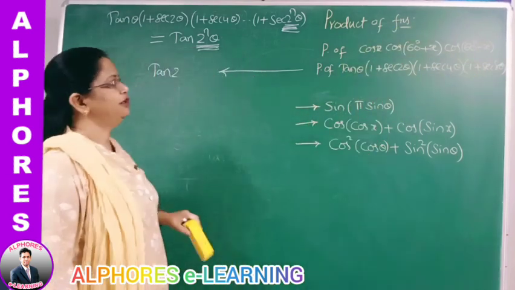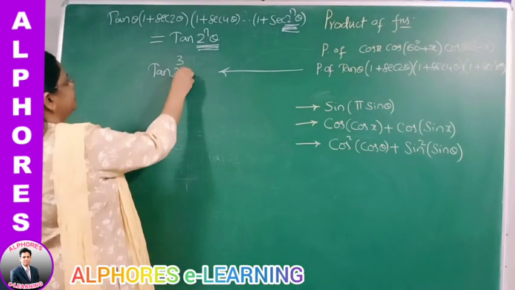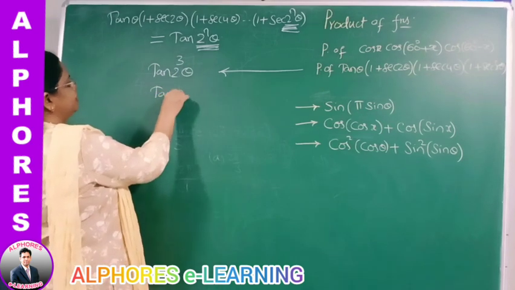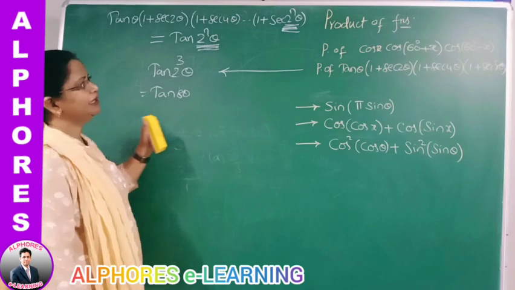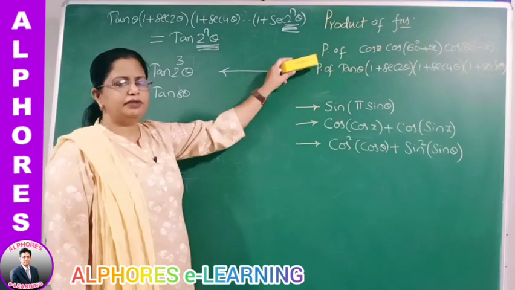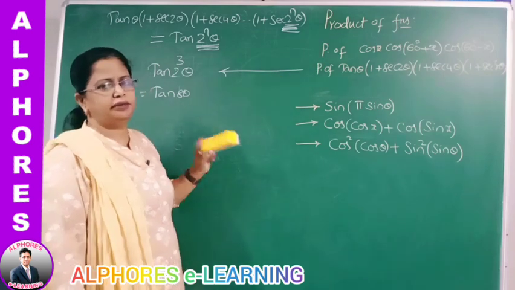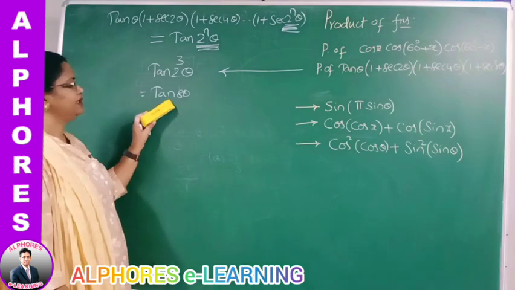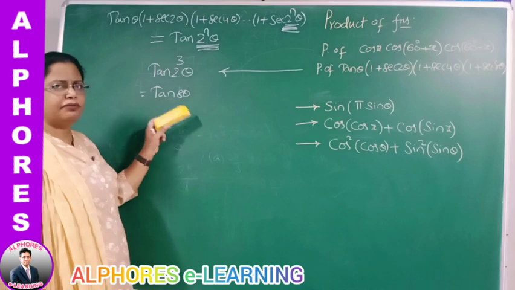As it is 2 cube theta, therefore the answer is tan 2 cube theta, that means tan 8 theta. So you have to simplify once any problem is given in terms of a product of functions. The major observation is you must simplify it so as to get one simple answer or a linear combination of functions.